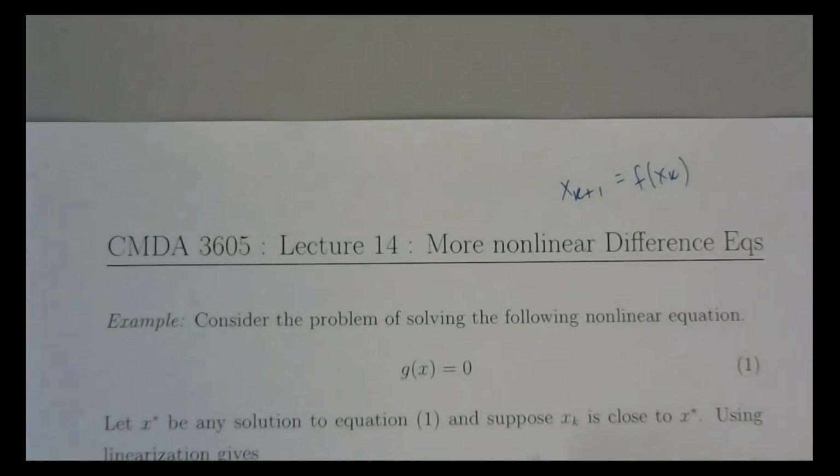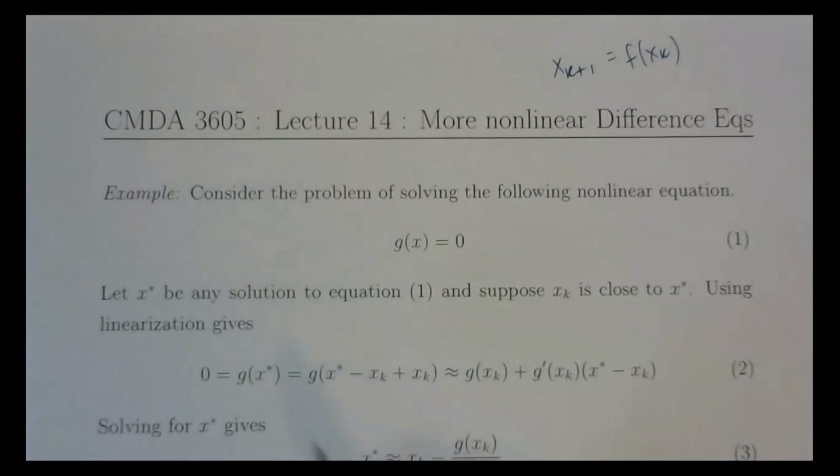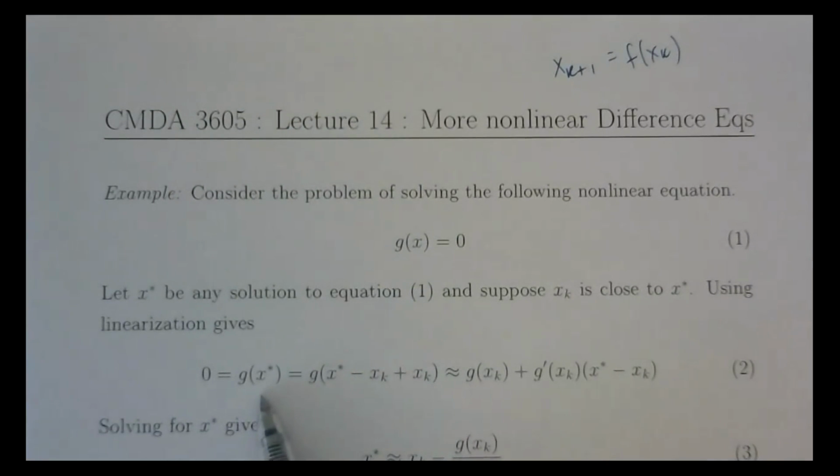So let's say that we have a solution here, but we want to define some difference equation, some iteration that gets us to the equilibrium if we don't know it analytically at first. So I'm going to approximate it using a linearization. So let's say we have 0 is g of x star. So that's the true equilibrium. And I'm going to add and subtract some x of k, and then I'm going to try and define an iteration for x of k that gets me close to this.